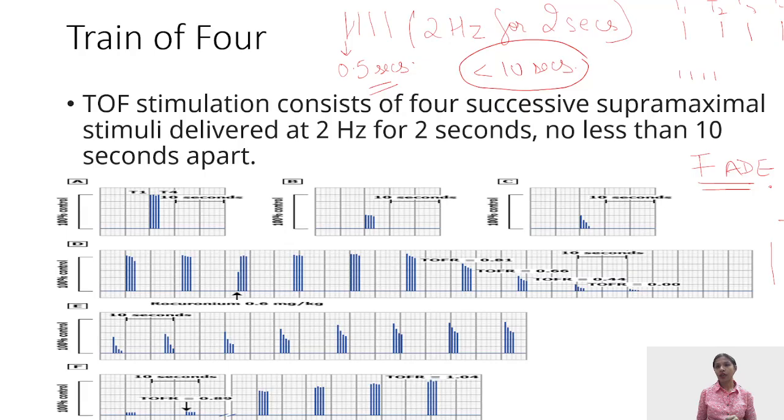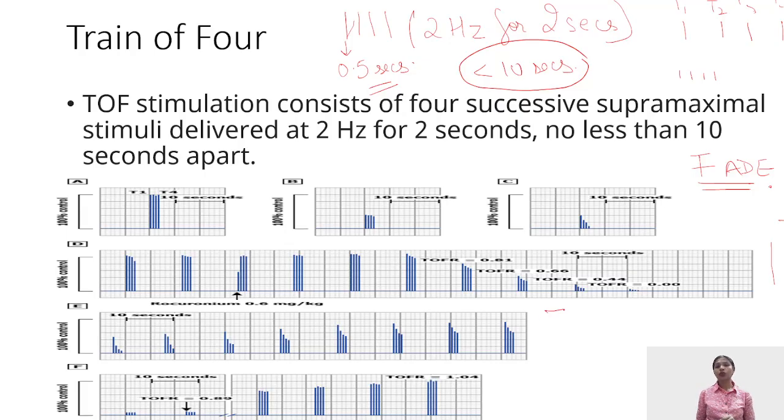This is T1, T2, T3 and T4, in which the amplitude is going to decrease with each stimulus, whereas in the depolarizing blocks, the amplitude per se decreases, but it is the same for all the 4 stimuli. Whereas in non-depolarizing blocks, the amplitude of each stimulus decreases differently. That is the fading phenomenon.